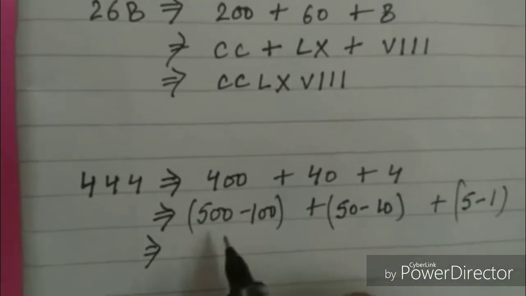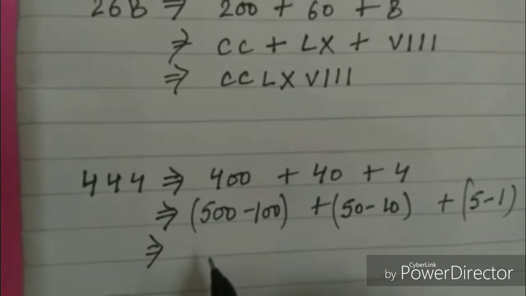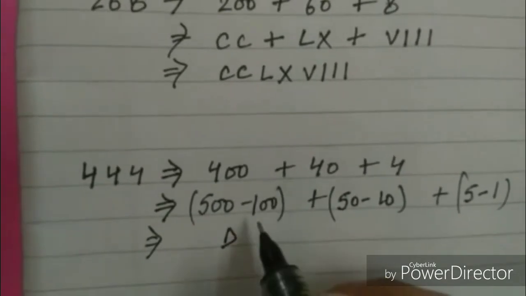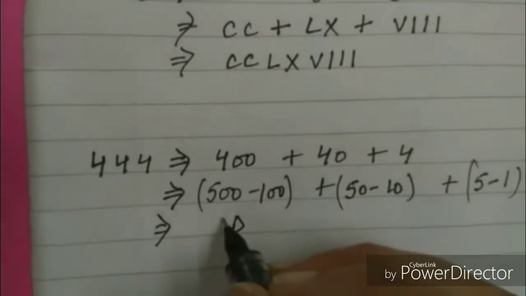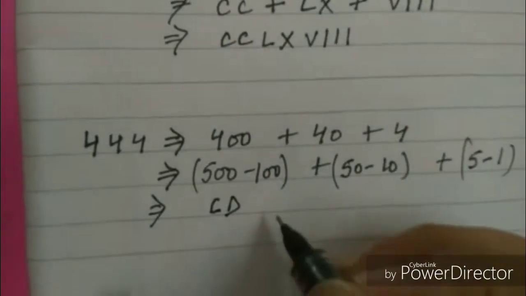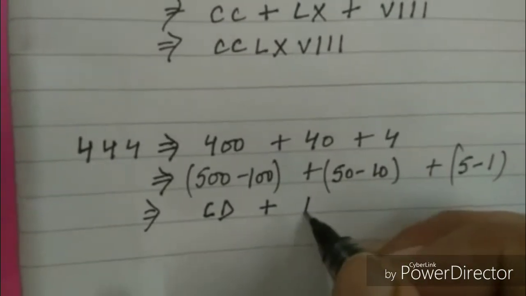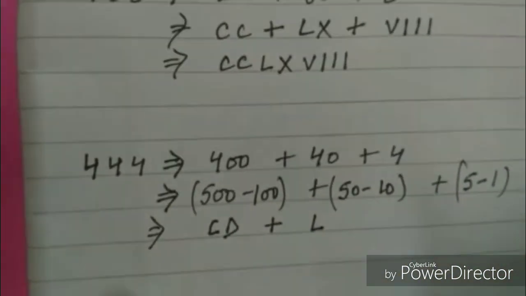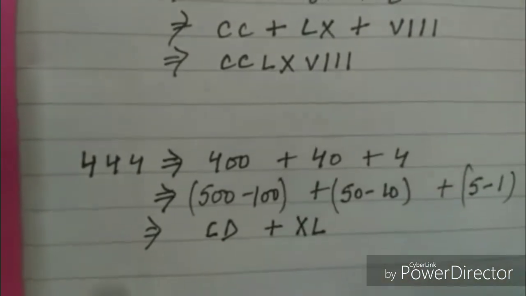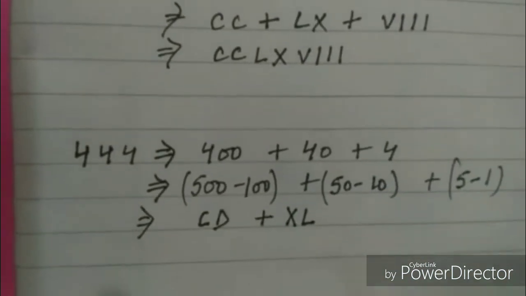Now, 500 means D, and minus 100 means C will come here on the left side. Then 50 is L, and minus 10 means X will come to the left side. Correct.